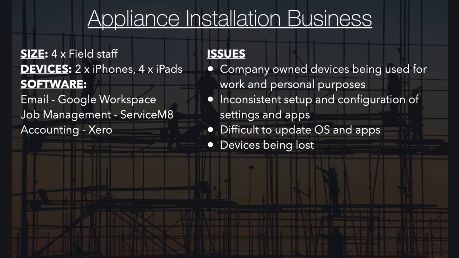They also didn't buy all the devices in one hit, so it was inconsistent in the way the devices were set up and configured, with the permissions and controls and the Apple IDs and the apps on them. It was a bit of a hodgepodge of everything.